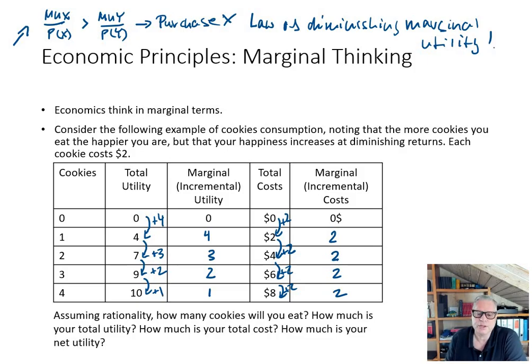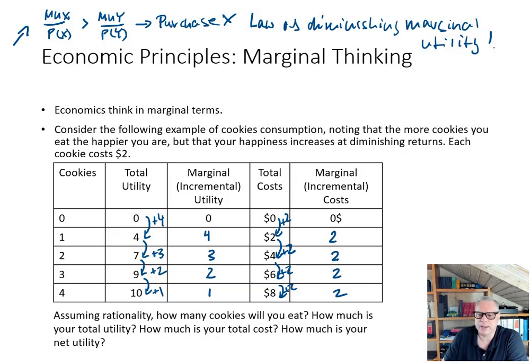So, will you eat the first cookie? Well, you will eat the first cookie, yes, because if you increase your consumption from 0 to 1, you get an extra utility, a marginal utility of 4. But you have to pay only 2. So your willingness to pay, your reservation price, is much higher than what you actually have to pay.